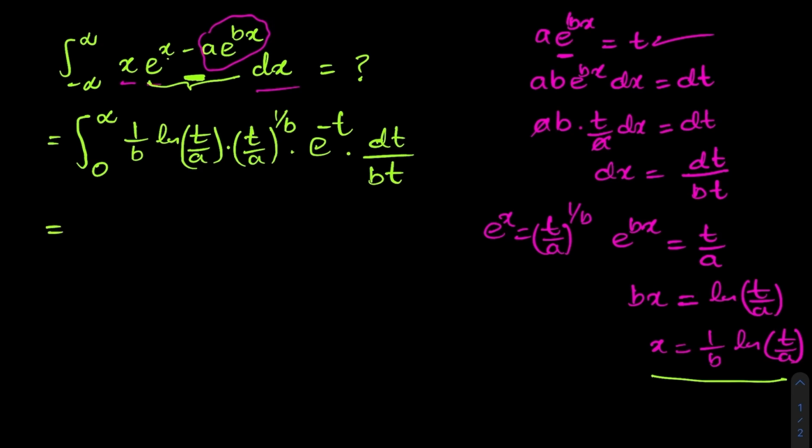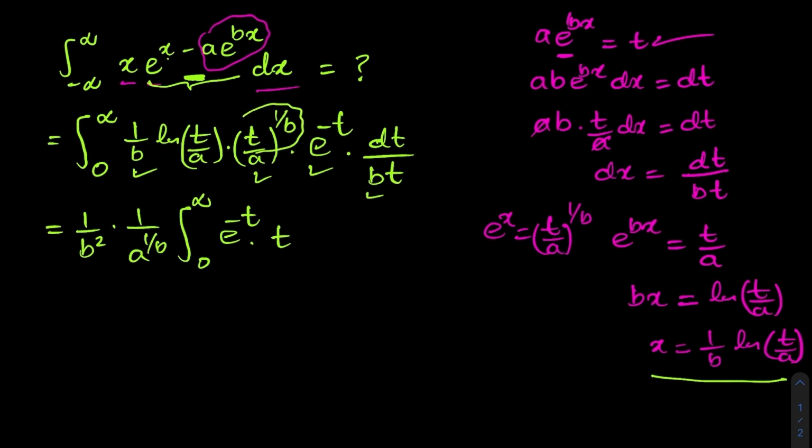We can take constants outside of the integral sign. So, here we have b, here b. So, 1 over b square, and here we have a to the 1 over b, so 1 over a raised to the 1 over b, integral from 0 to infinity. Now, here we have e to the minus t times t to the 1 over b, and here we have t.